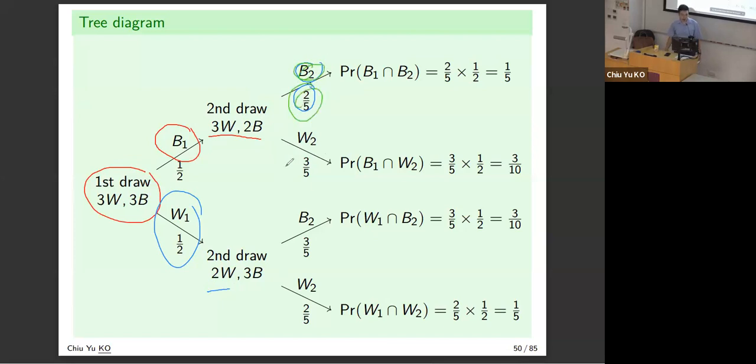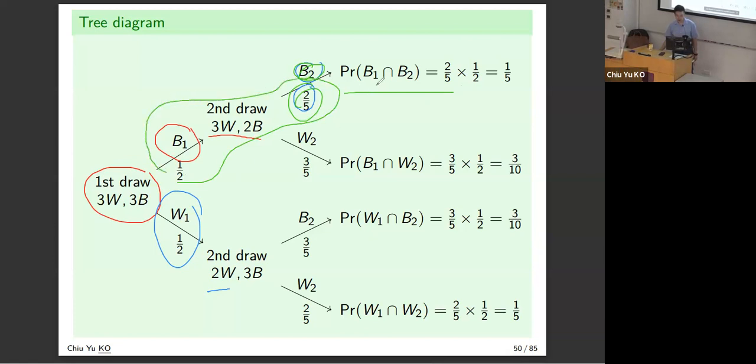So these are all conditional probabilities, and you can see how you do the rest. That is the multiplication rule. This is how you multiply along the branches to get this outcome. So basically, this graph tells you how you can calculate conditional probability.